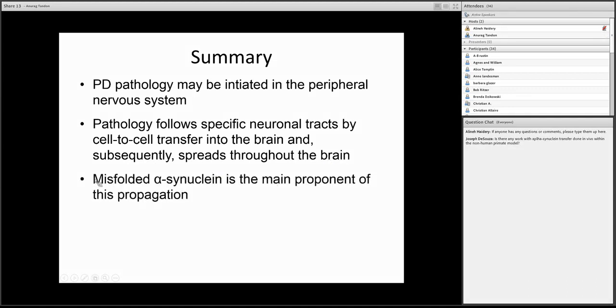Now, the main component of this particular propagation is misfolded alpha-synuclein. That doesn't mean that it's the only component that is present in those fibrils. There may be differences in the shape of alpha-synuclein, and there may be other proteins that are associated with it. So this is something that's still important and worthwhile to understand.